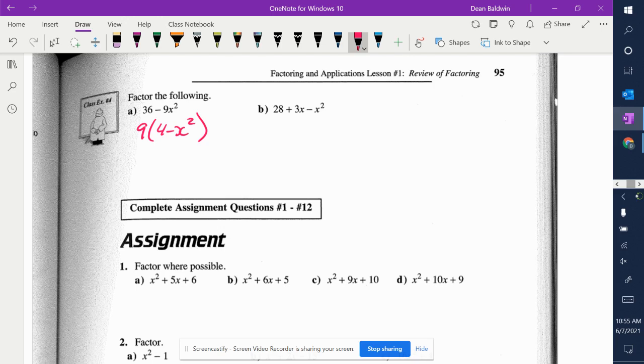Okay. Now, how many terms do I have? 2. What does the sheet say? Is this a difference of squares? Yes, because this is a subtraction sign. Can I square root the 4? Can I square root the x squared? So what's my answer?